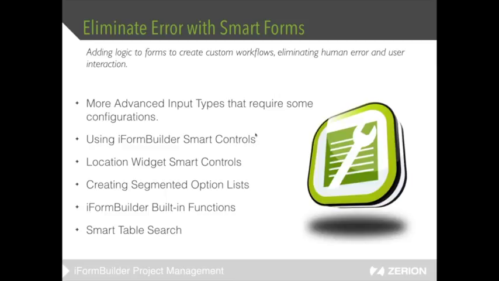And the last one is our Smart Table Search. The Smart Table Search is hugely popular with our user base because it allows you to have essentially a database set up, and you can call to that database on the user's device, and then it'll pre-populate form fields based off of that selection or based off of what the users place in their form.